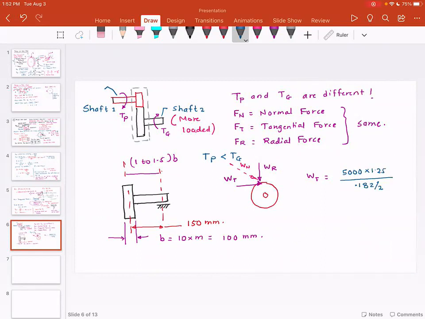This is the starting torque divided by the radius of the pinion. But please understand, WT, whether you consider it on pinion or on gear, is going to be the same. So it doesn't matter.